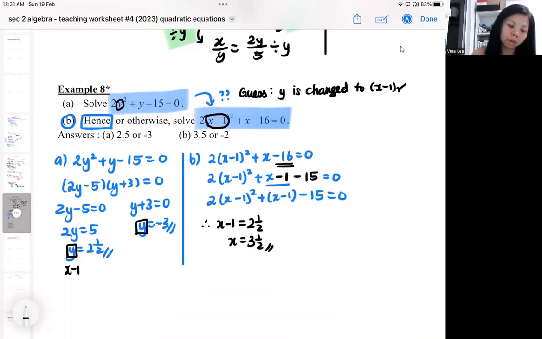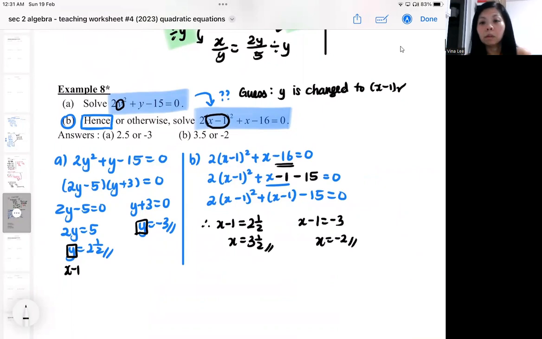Instead of y equal to minus 3, then x minus 1 equal to minus 3. So I'm making use of the relationship. The original y, they changed the algebra to x minus 1, so I'm also changing the answer.